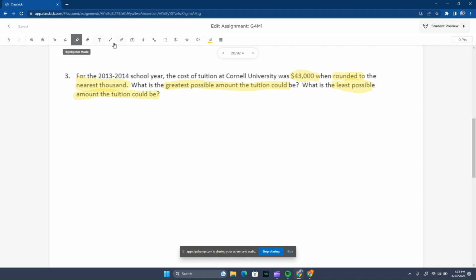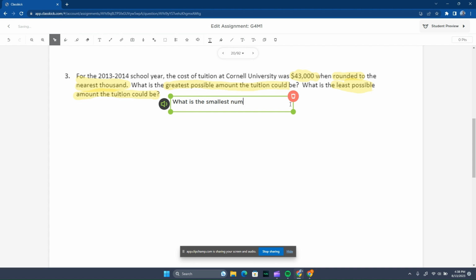So really what that question is, when thinking about it a little bit differently, is what's the smallest number that would round to 43,000?